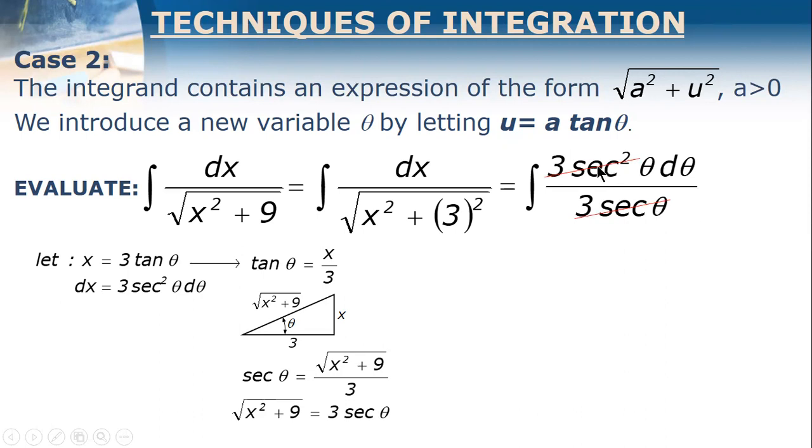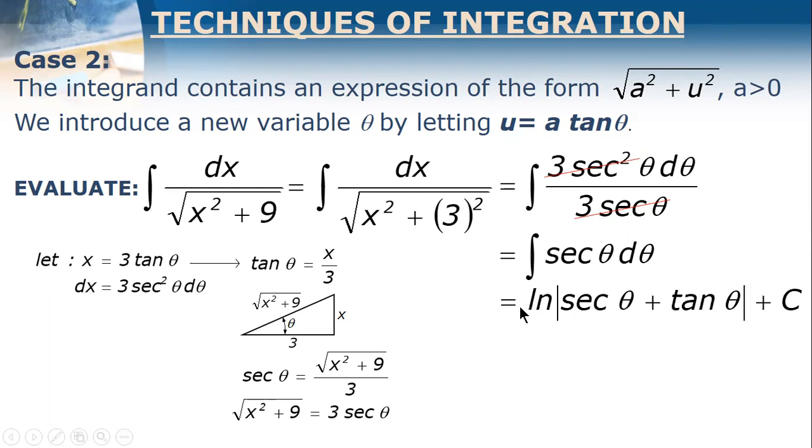What remains is secant theta in the numerator. And this is a standard form. The integral of this is ln of secant plus tangent. So you can replace secant theta by this and tangent theta by x over 3.